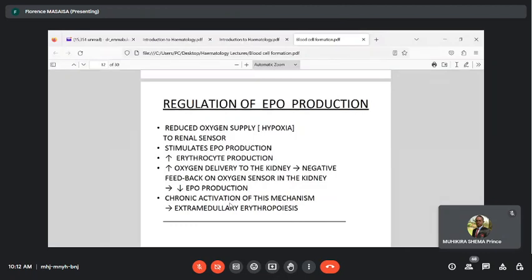When the renal area is getting enough oxygen, it causes a negative feedback to decrease the production of erythropoietin. So my question is, in which condition may you see the production of erythropoietin keep on going without any negative feedback?